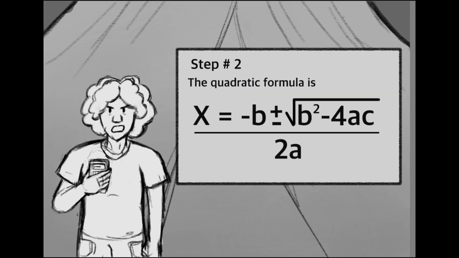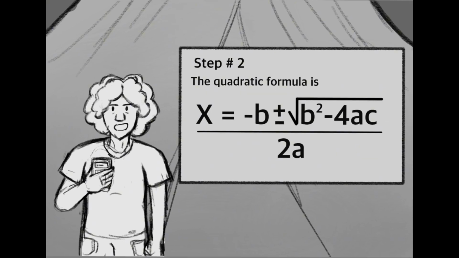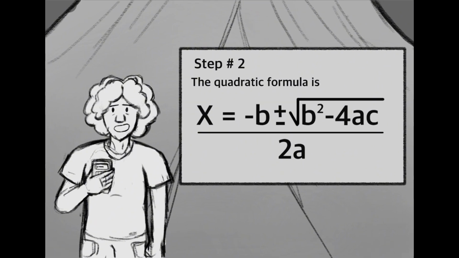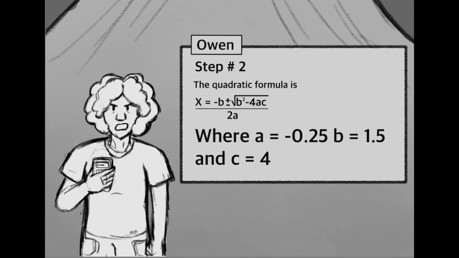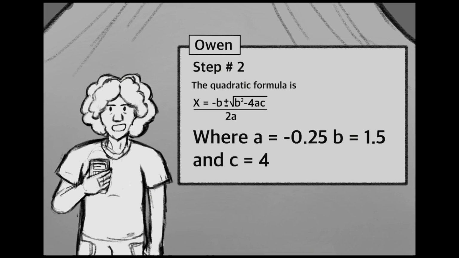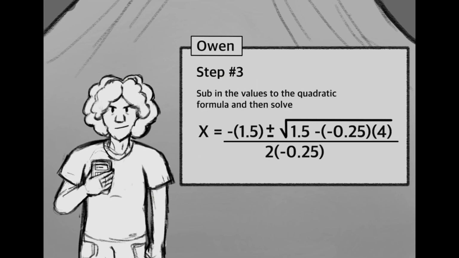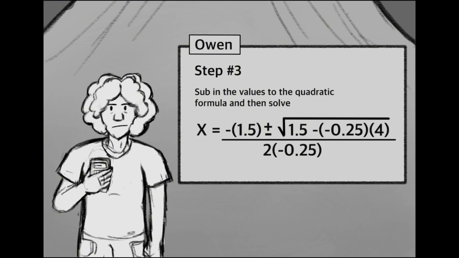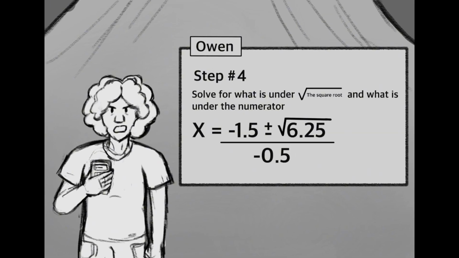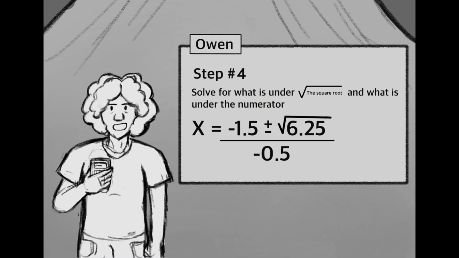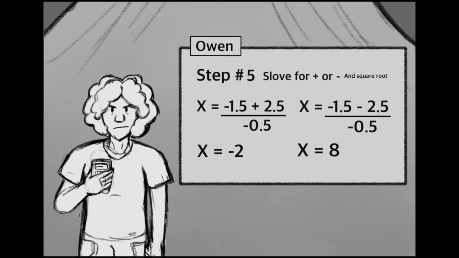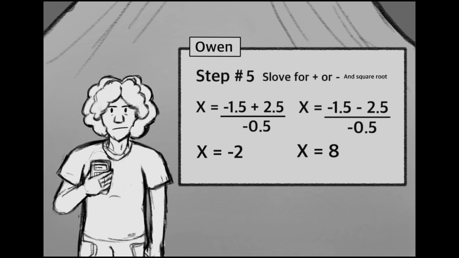The quadratic formula is x equals minus b plus or minus the square root of b squared minus 4ac divided by 2a, where a equals minus 0.25, b equals 1.5, and c equals 4. Sub in the values to the quadratic formula and then solve. Solve what is under the square root and the numerator. Solve for plus or minus and the square root.